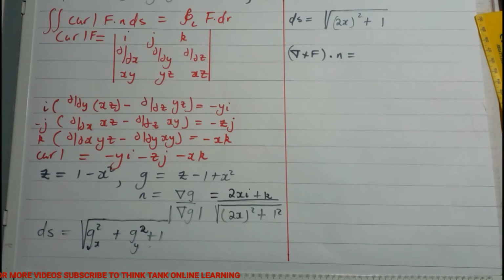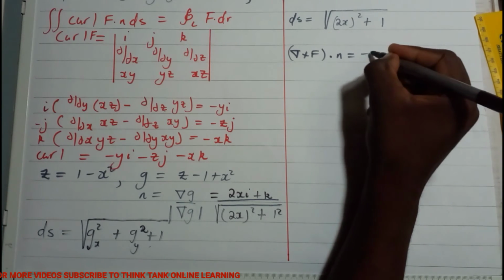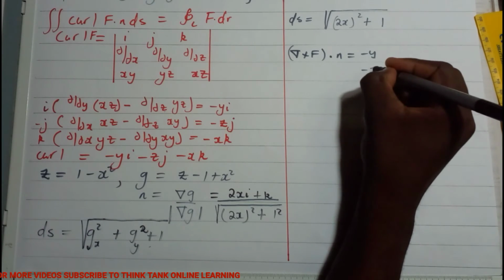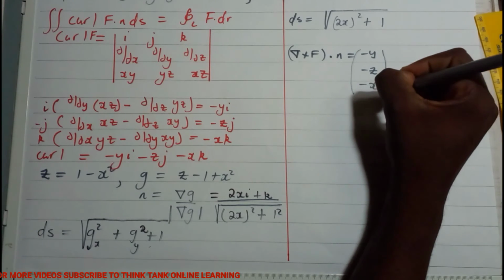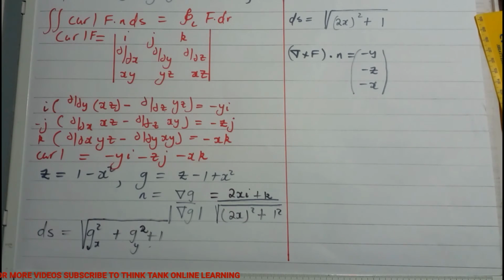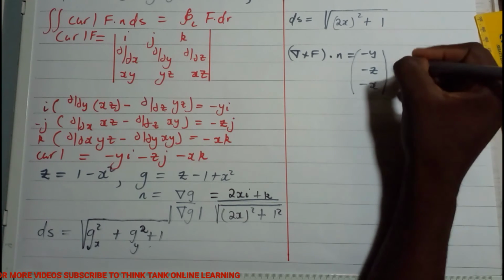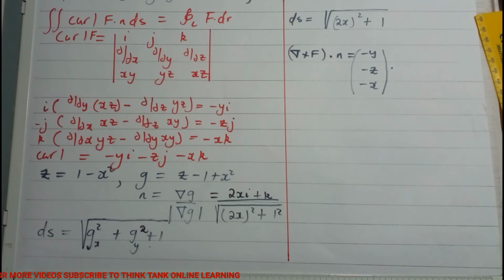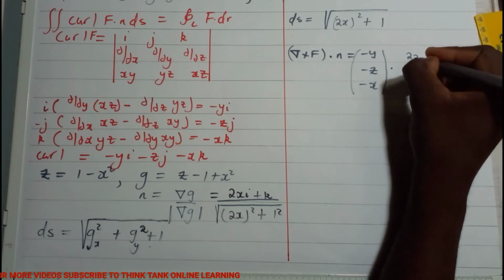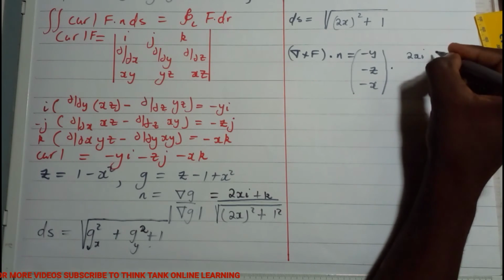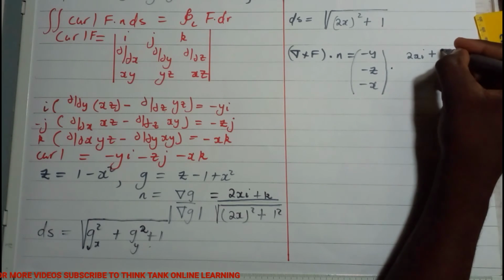Okay, so the curl, I'm going to write it in column form, we have negative y, negative z, negative x, with the normal here. So the normal, unfortunately I can't write it in column form since I run out of space, 2x i plus k.